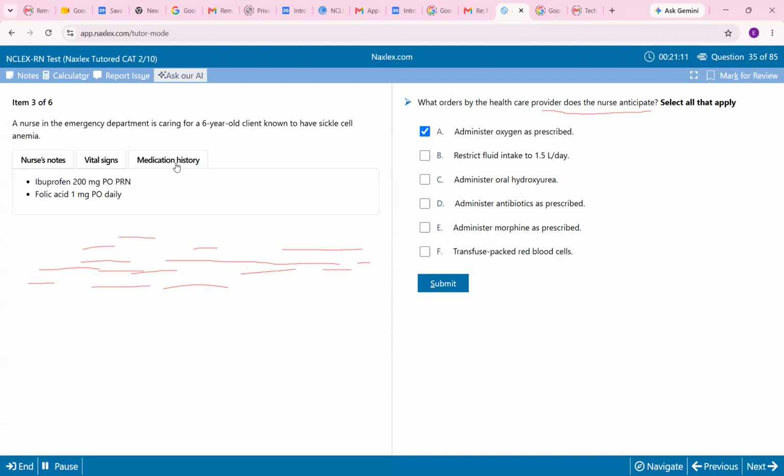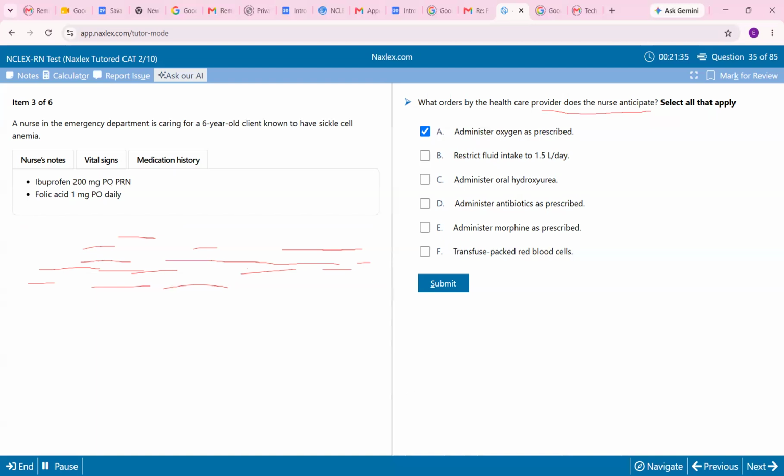If we restrict fluid, it will make it worse; the blood gets concentrated because of the sickled RBC. So we are not restricting. Is it anticipated or not? No. Next option, administer oral hydroxyurea.